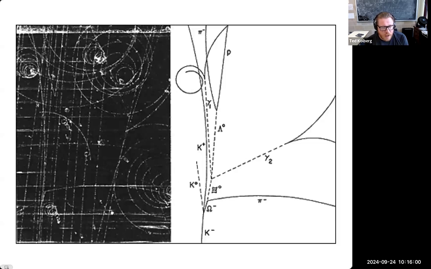Kind of a cool name. So what you have here is a charged kaon beam coming in from the bottom of the picture. This produces an interaction vertex here. And at that vertex, in addition to some other stuff, there's a particle which will become known as the omega minus created here.